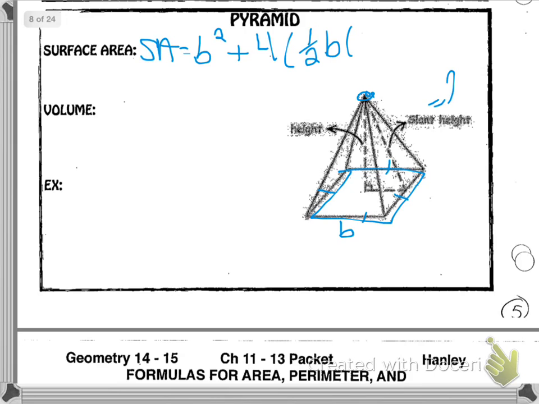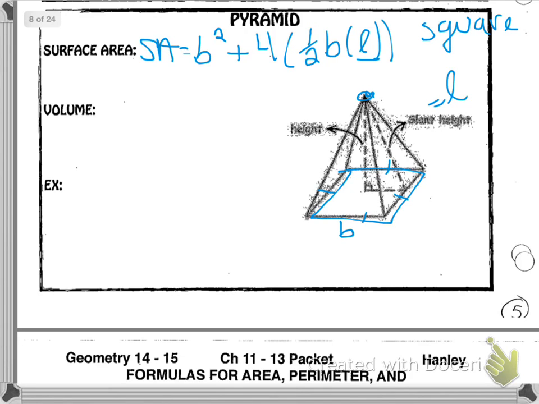And remember, slant height we use is L. Slant height, if you just pick up the lateral face, is representing the height of each triangle that is leaned up to meet at the top, to meet at the vertex. So slant height becomes the actual height of each triangle. Okay, so that's my formula for surface area if we have a square pyramid.